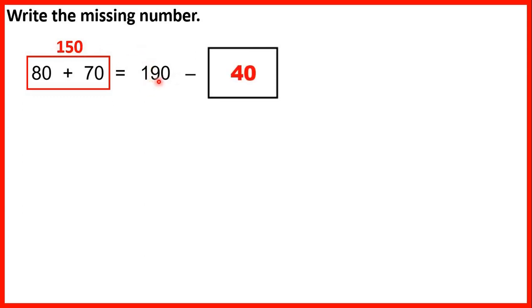Well, 190 minus 40 is 150, because 19 minus 4 is 15, and again we're subtracting multiples of 10, so 190 minus 40 is 150. So here, because we have 150 on both sides of our equal sign, we have our missing number.